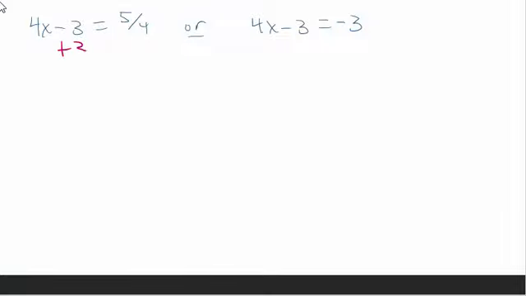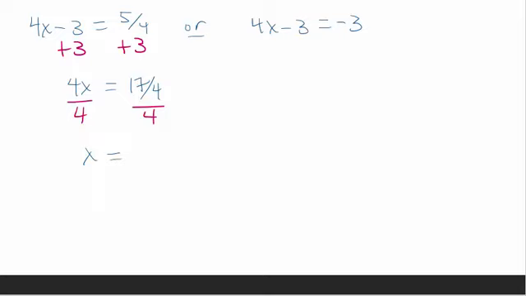Okay, so for the first equation, we'll add 3 to both sides, and we get 4x equals 5/4 plus 3 is 5/4 plus 12/4 or 17/4. And then divide both sides by 4. And that gives us x equals 17/16.